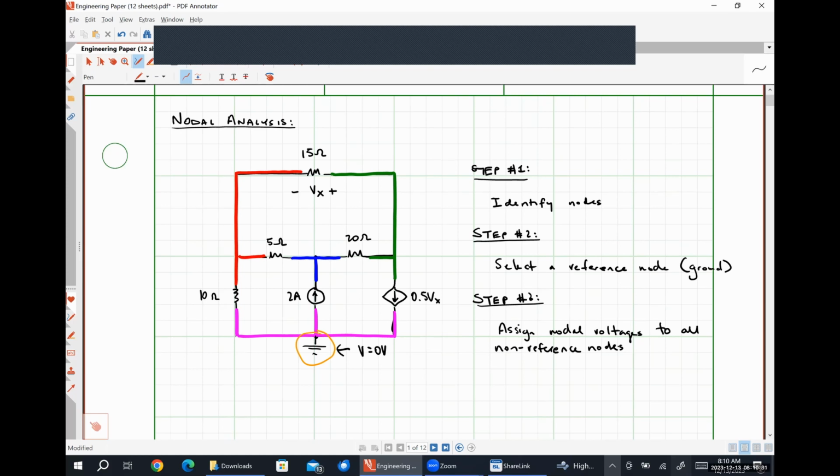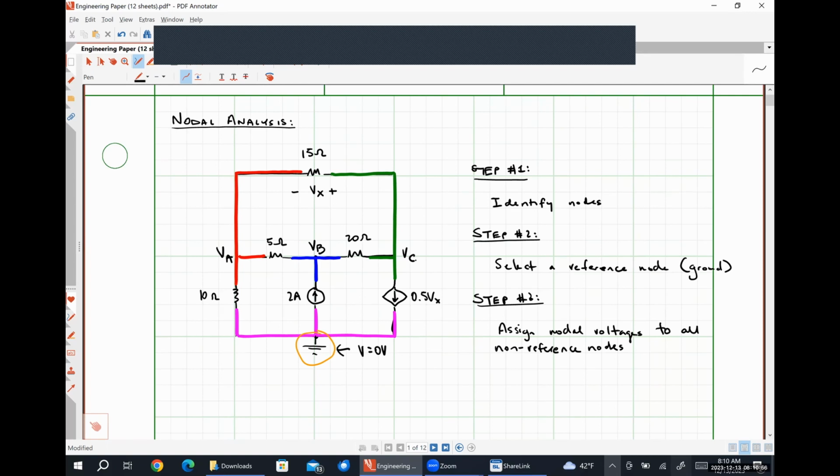So I'm literally going to go to my other 3 nodes and I'm just going to say they have some voltage, and I'll explain what that voltage means here in a moment. So if I were to call my red node node A, then I would call this nodal voltage VA associated at this particular node. I can call my blue node, it will have a nodal voltage VB, and my green node will have a nodal voltage VC.